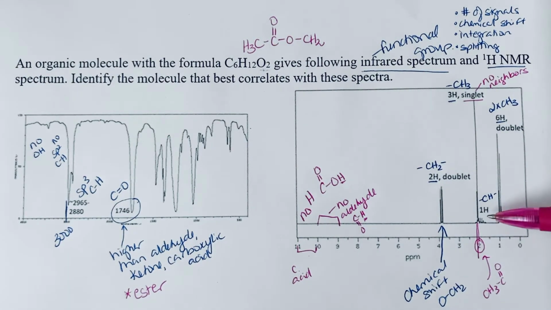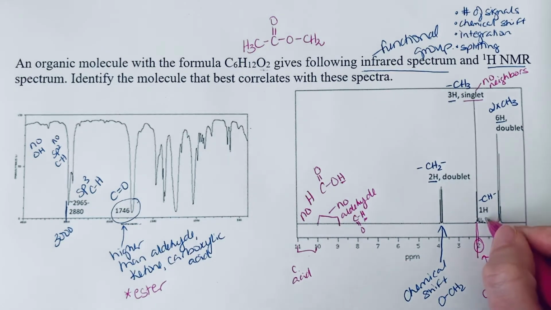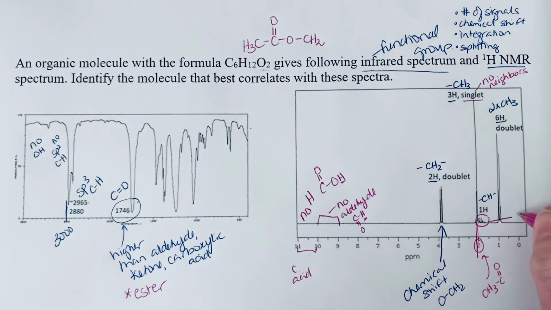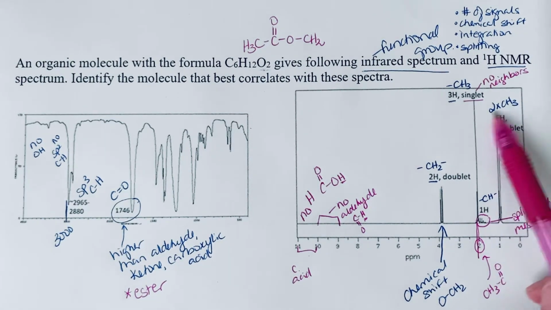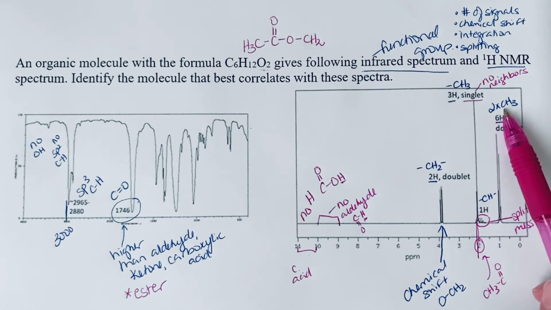And so that brings us to the CH, and it's just a mess of peaks. Like, we really can't describe what's going on there. So split, but it's messy. So what we're looking for is that CH just probably has a lot of neighboring hydrogens. And the only other signal we have are CH3s, which are going to end a chain because they can only have 1 bond.